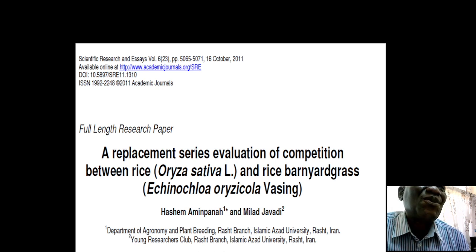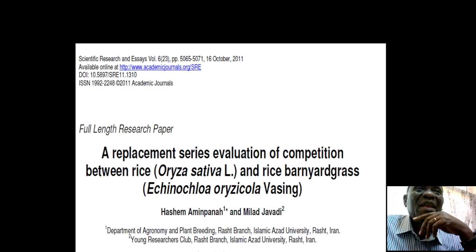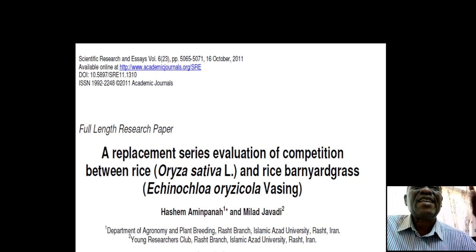You may want to look at a paper, a replacement series evaluation of competition between rice, Oryza sativa, and barnyard grass, Echinochloa oryzicola. Now, in this study, they wanted to determine which rice cultivar was less affected by the weeds, or which cultivar was tolerant to the weeds.